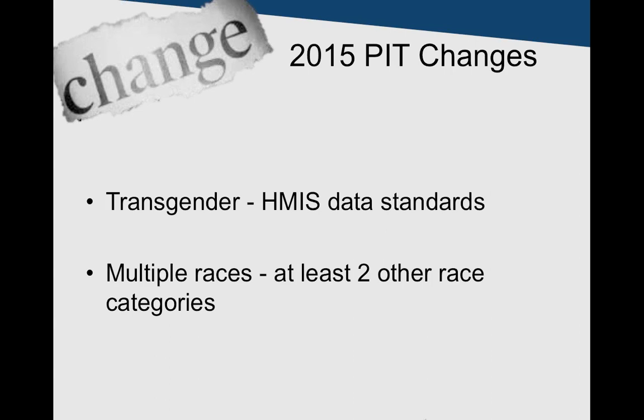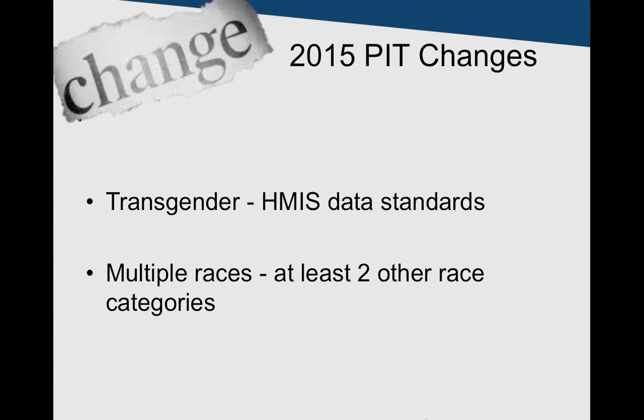Additionally, HUD has also aligned the gender categories to match up with the 2014 HMIS data standards. So you will need to report on the number of persons that report as transgender male to female and transgender female to male.